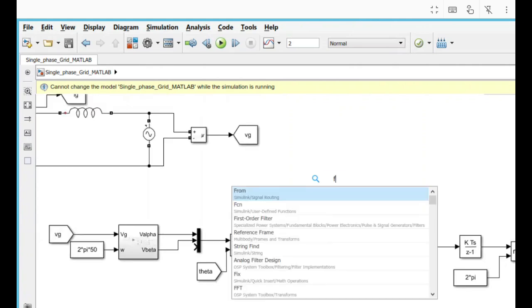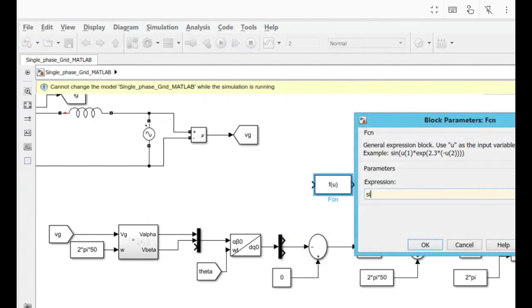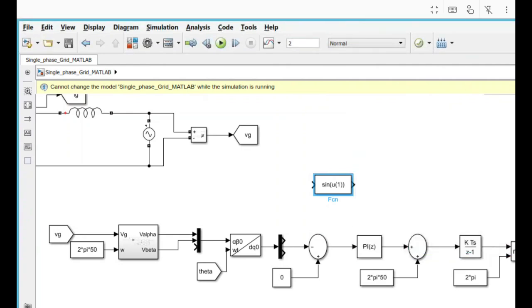Once it is generating theta, now we have to generate the sine theta and cos theta. So we are using the function block, and in the function block we are writing sine of u1, and this sine of u1 is multiplied with the reference value.